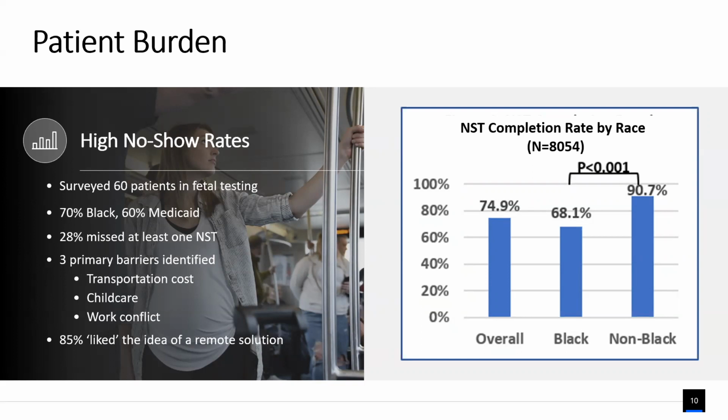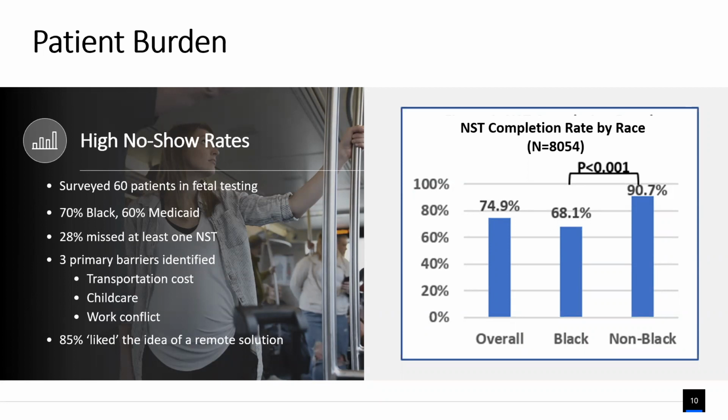So we did a little survey. We took 60 patients and gave them a survey, and around a quarter of them had missed at least one appointment, and we asked them lots of different questions about their testing experience and barriers. And by far, the three primary barriers that were raised by our patients were transportation costs, childcare issues, and work conflict.